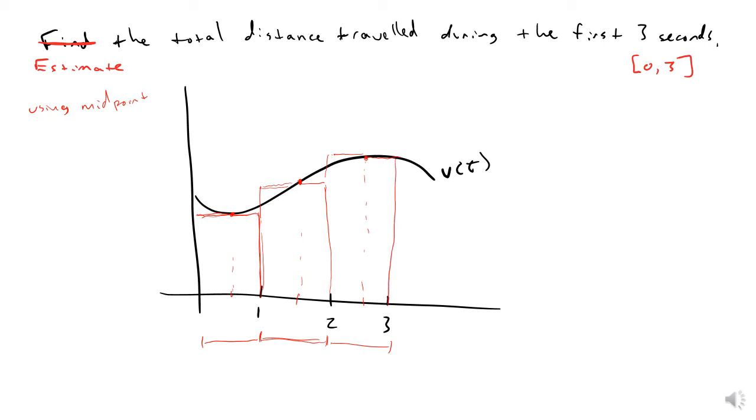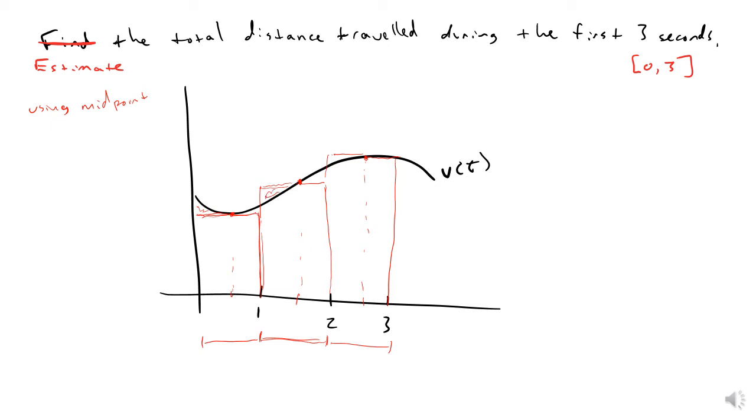Now, with this idea of using the midpoint, you can usually get a better estimate with 3 rectangles here than we did when we did the underestimate or the overestimate. Notice here, sometimes the rectangles are below the graph, sometimes it's overhanging, there's some extra area.